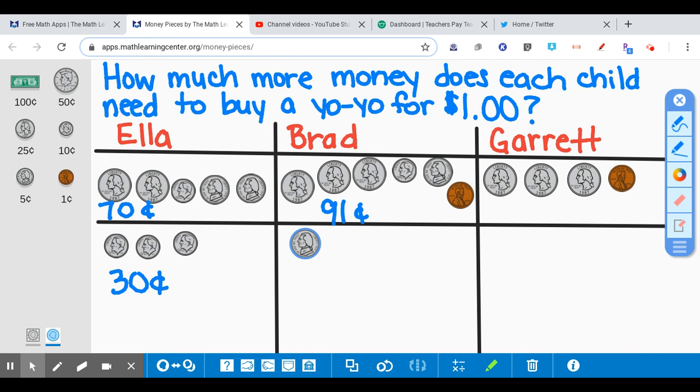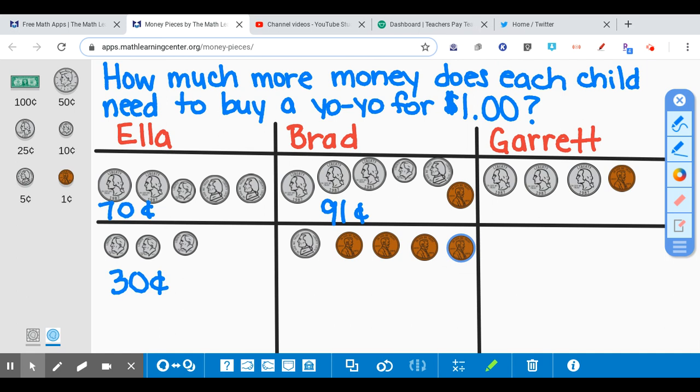So my next choice is just to add pennies. So I'm at 91 to start with, and then I added my 5, I'm at 96. So now I want to add pennies till I can get to 100. So if I go from 96, I add a penny, I get 97. Then I add another, I get 98. Then another is 99. And one more will give us 100.